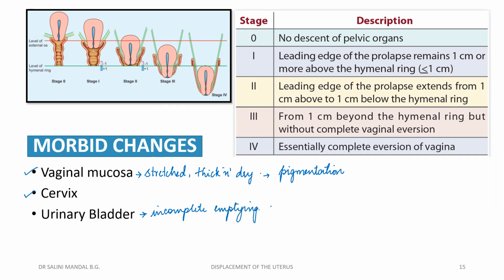One more thing is about the ureters. The ureters are carried downwards along with the elongated Mackenrodt's ligament. Basically, there will be a mechanical obstruction from the hiatus of the pelvic floor. Because of this, hydroureteric changes may occur. Not that important, but these three are very important, which you need to remember.